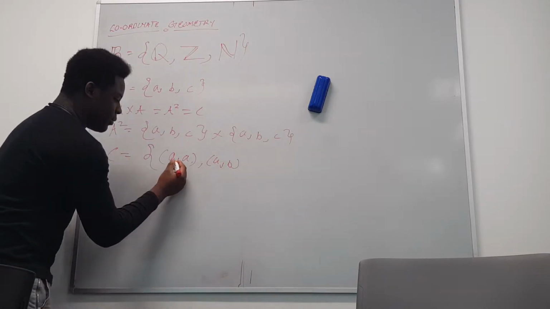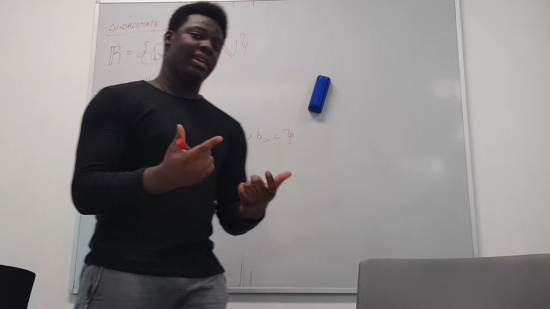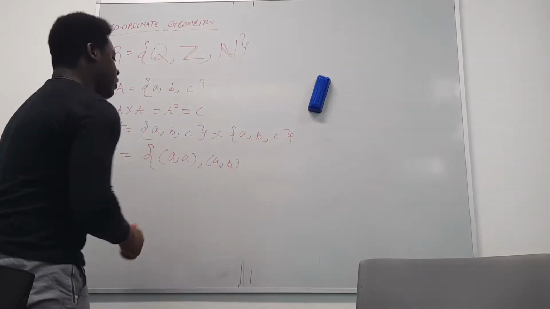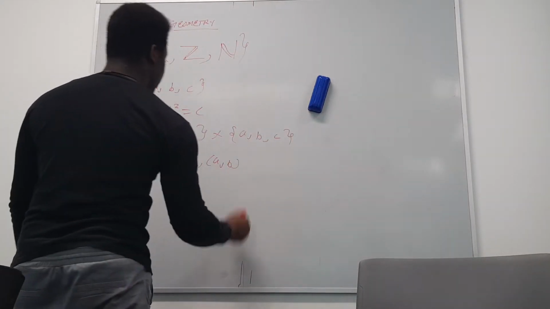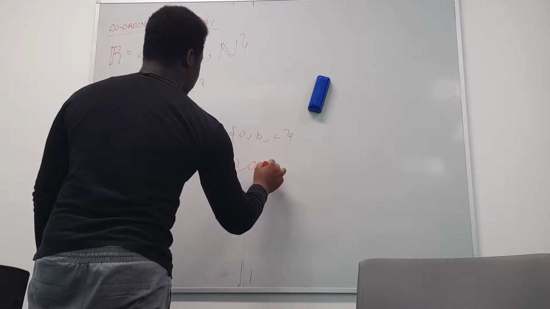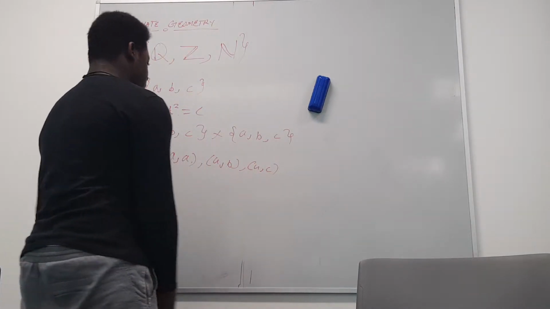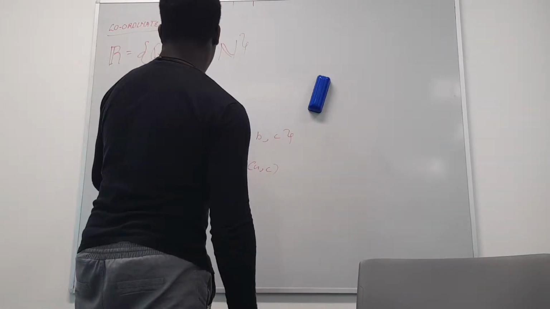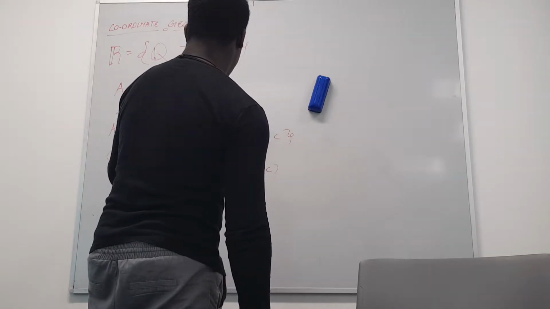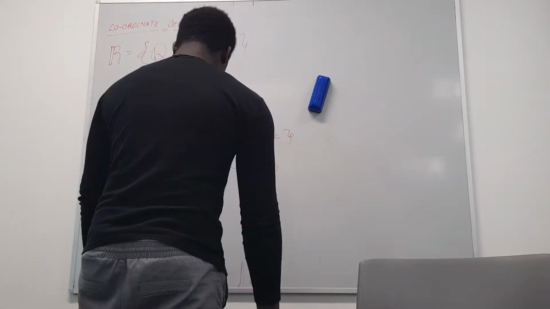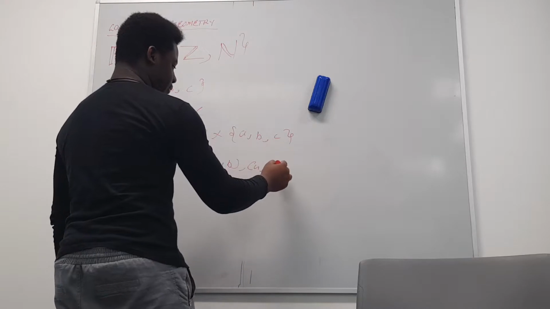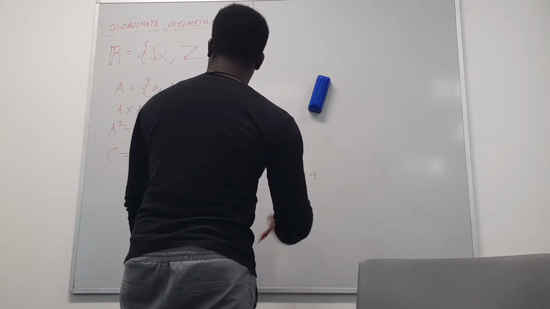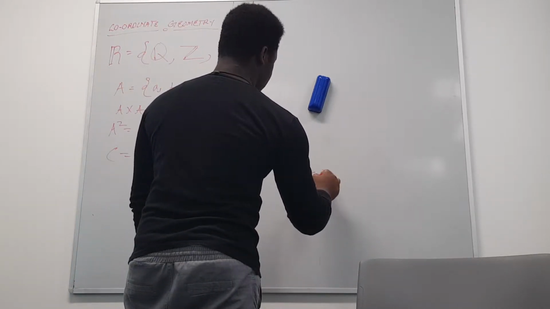What do I mean by two-tuple pairs? Because we have 2 elements in a pair in these brackets. So AB, AC, that. So you have BA, BB.